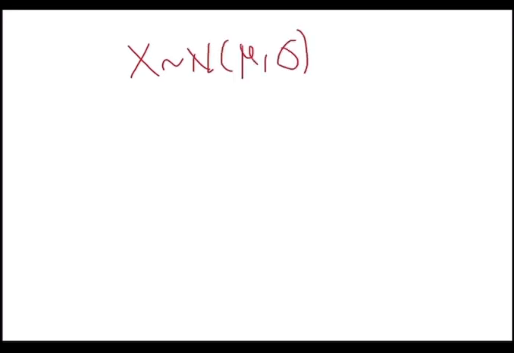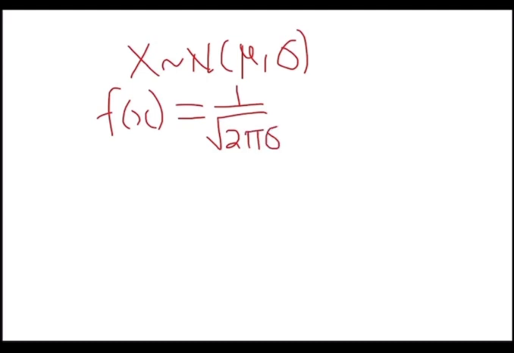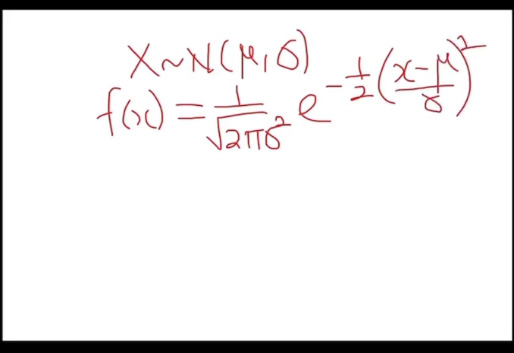Now f of x is going to be 1 over square root of 2 pi sigma squared, exponential raised to power minus x minus mu over sigma all squared. In this situation, our parameters are mu and sigma, so we're having a multi-parameter situation. We're actually going to get two forms of a score function.